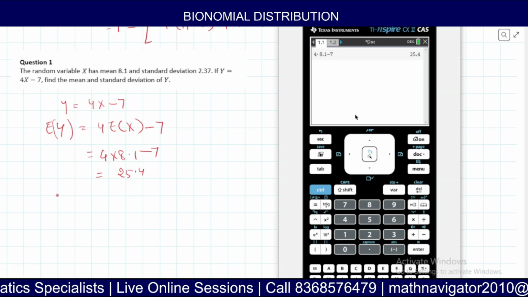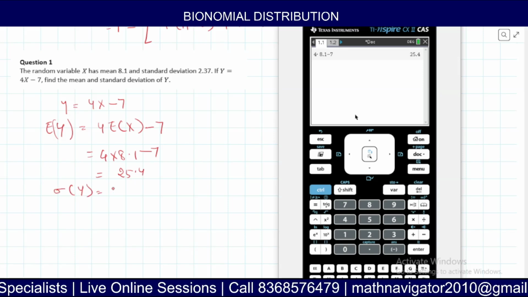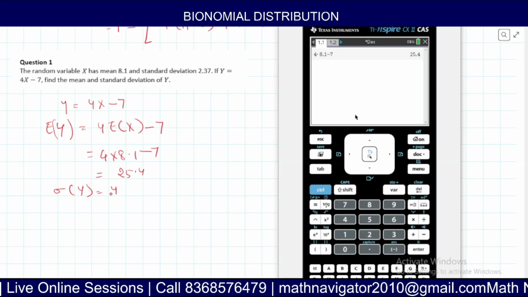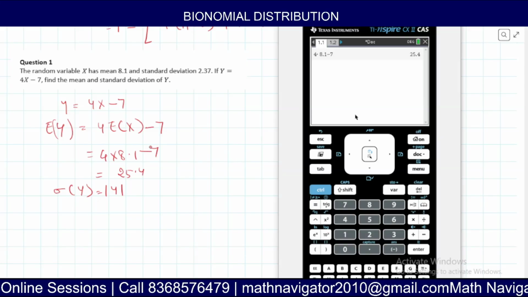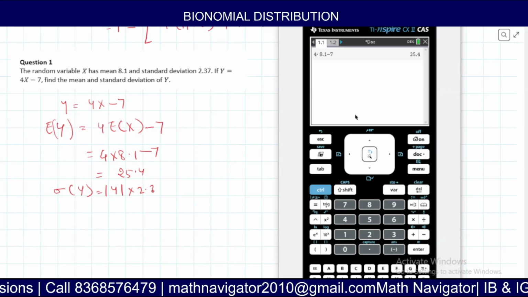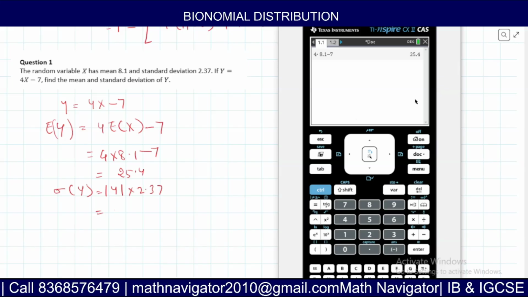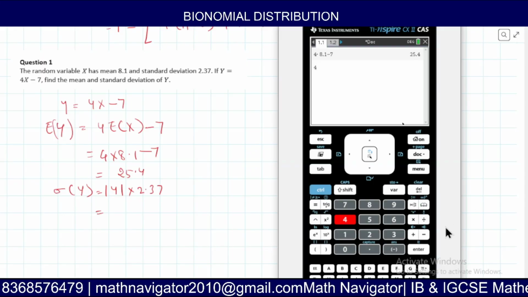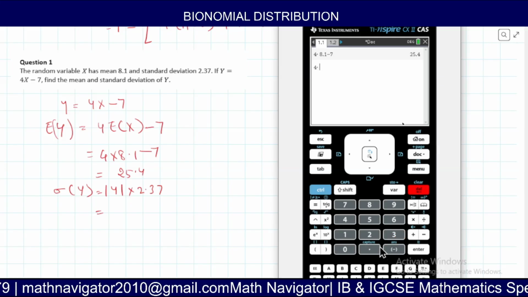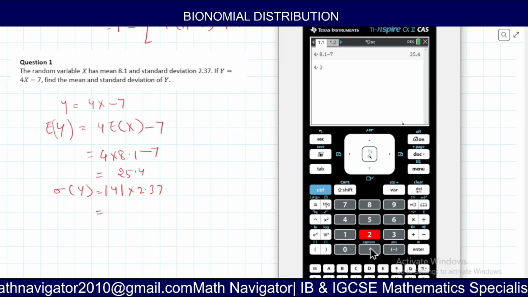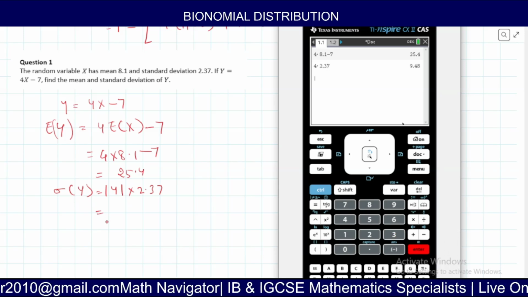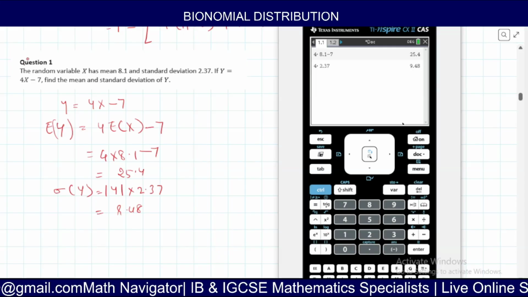Sigma of y is equal to the magnitude of a, that is the magnitude of 4, which is 4, times the standard deviation, 2.37. So 4 times 2.37, 9.48 is the answer.